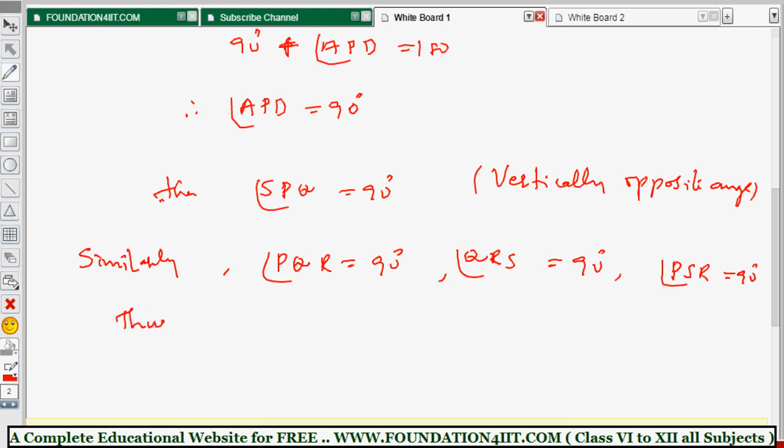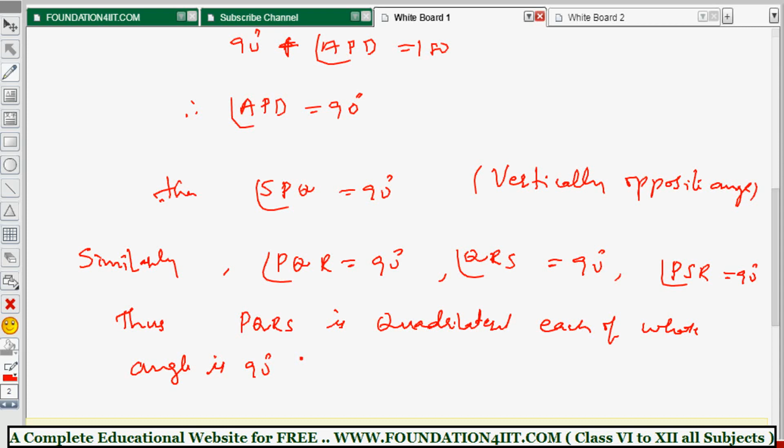Thus PQRS is a quadrilateral, each of whose angles is 90 degrees. Any quadrilateral with every angle 90 degrees is a rectangle, hence PQRS is a rectangle.